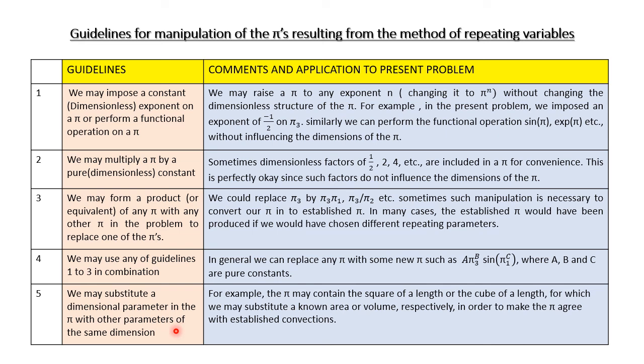If there is any parameter of the same dimension, you can substitute it even in the pi term. So this is the theory part. Next we'll see a few examples wherein you will understand it in a better way.